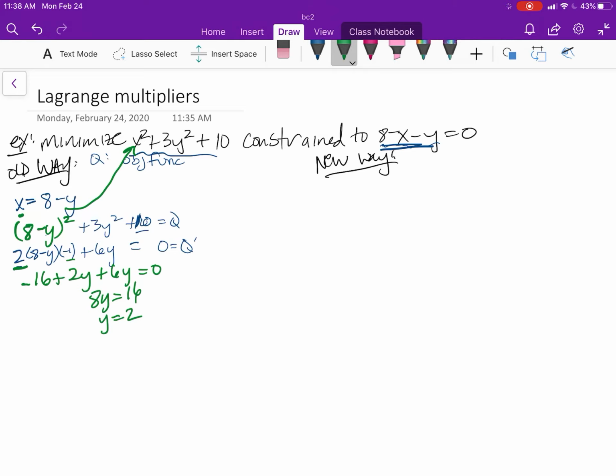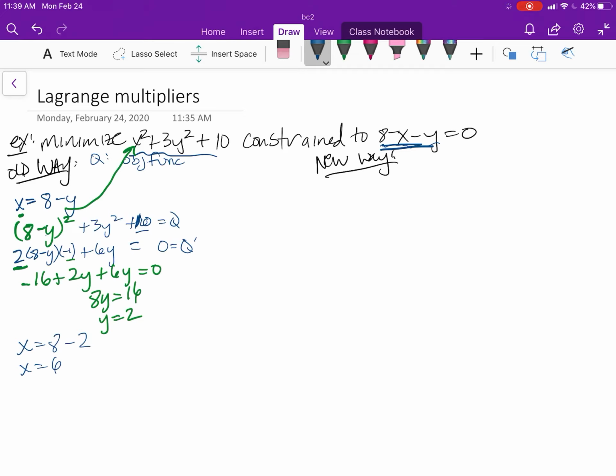X equals 8 minus y, so x equals 8 minus 2, so x is 6. So most of these want to know the values of the variable x and y that would maximize or minimize the objective function. If it wanted to actually know what the minimum is, we need to substitute x and y.